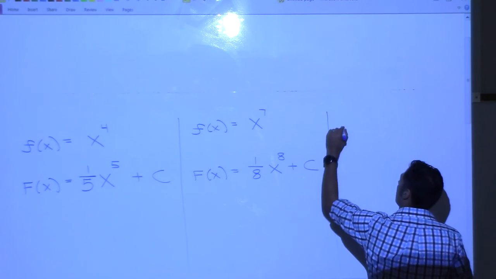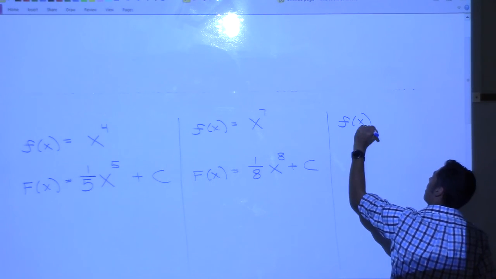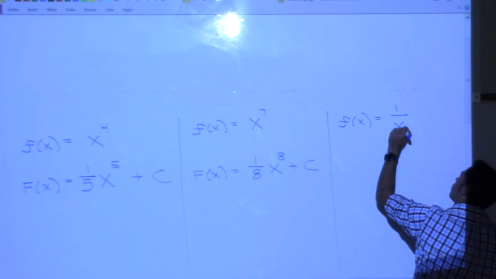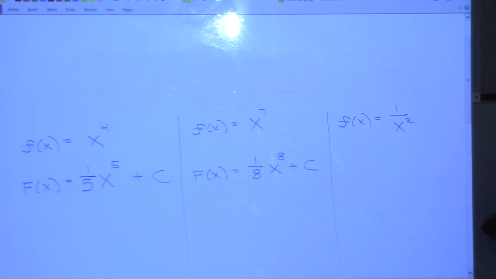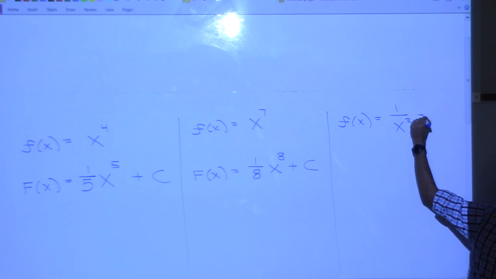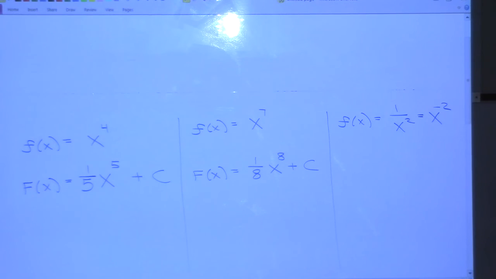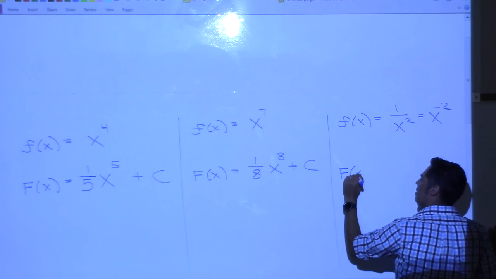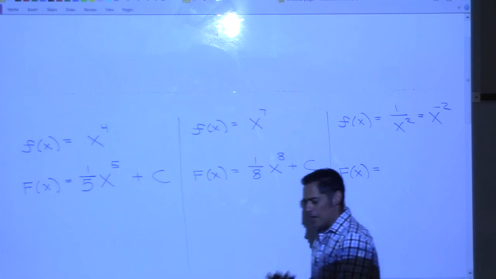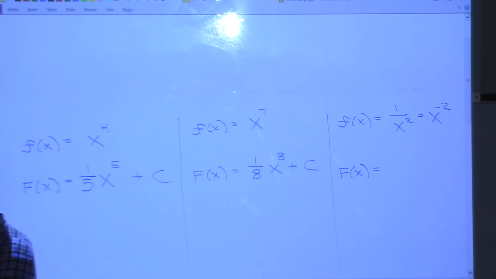Let's try another one. How about f of x equals 1 over x squared? Let me rewrite that as x to the negative 2. We agree that that's a power of x? Okay, let's think about the antiderivative. What would the power need to be? X to the negative 1.